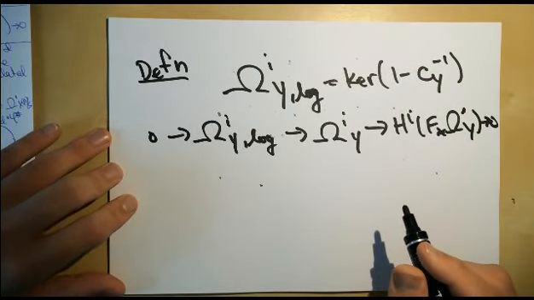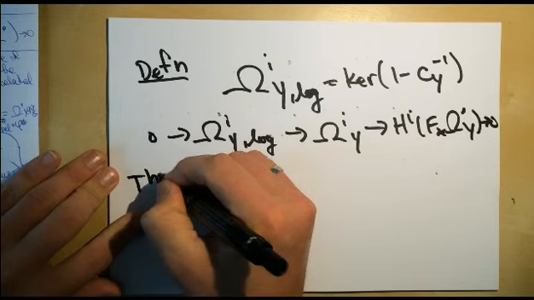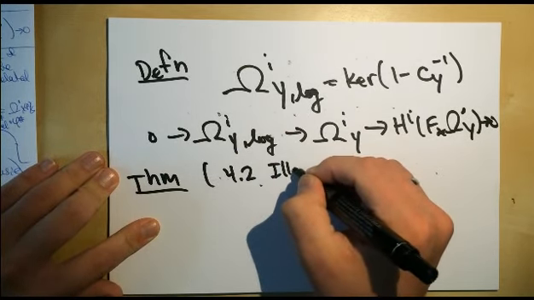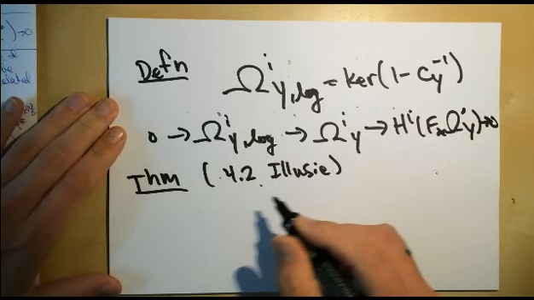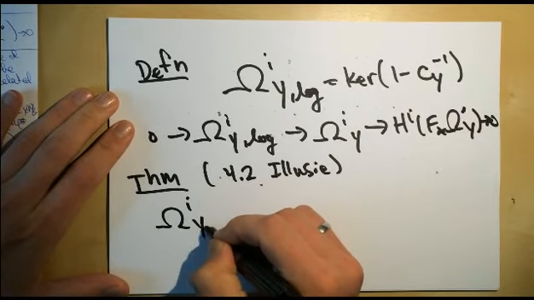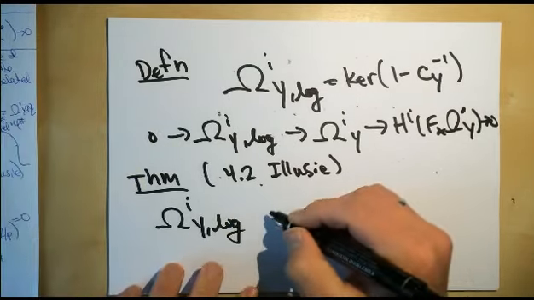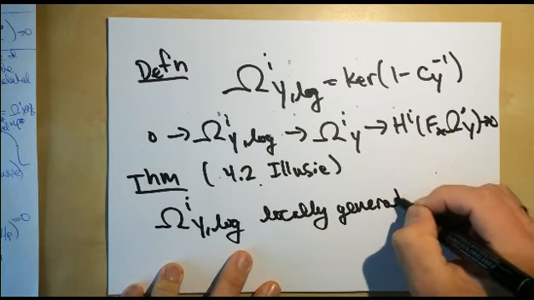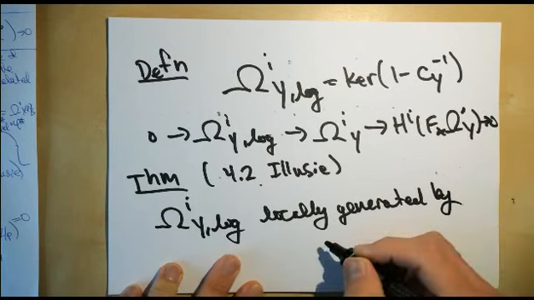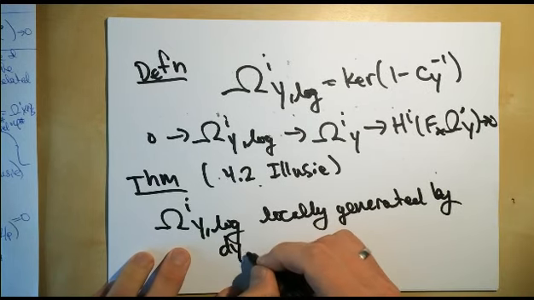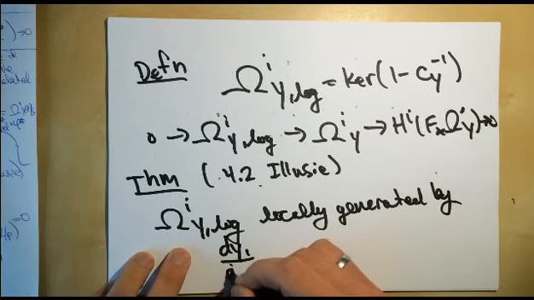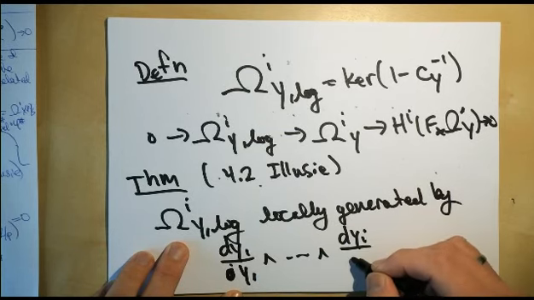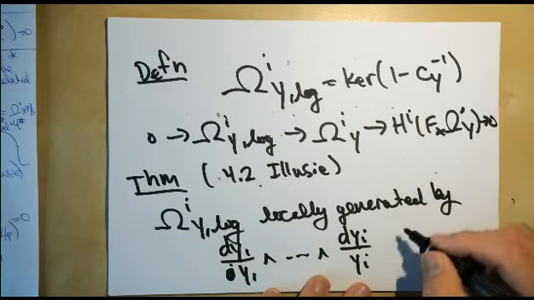Like so, and there's a theorem, and this is in 4.2 of Illusie's paper, that this thing here is locally generated by forms of the form dy_1 over y_1 wedge, and then all the way up to dy_i over y_i, and these y_i's are invertible.